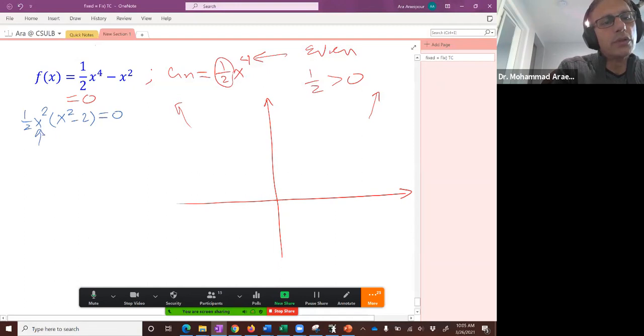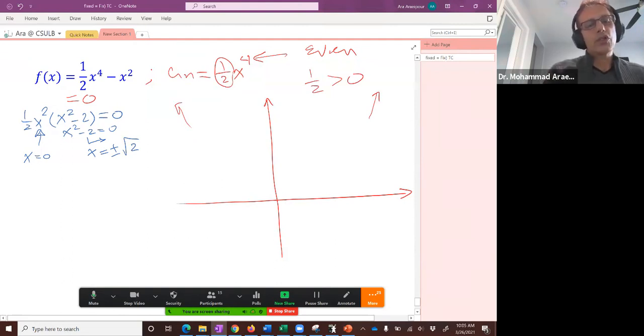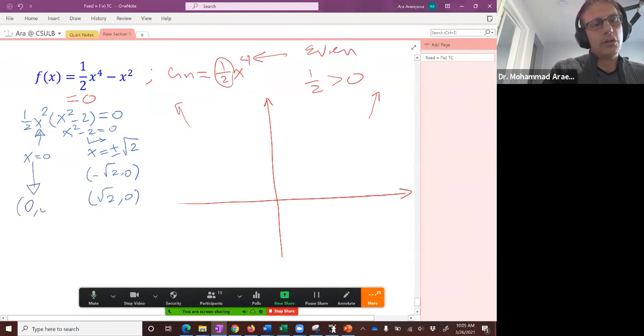If I set this one to 0, x becomes 0. If I set this one equal to 0, x is plus minus square root of 2, which means I have negative square root of 2 comma 0, positive square root of 2 comma 0, also 0, 0. There are 3 intercepts.